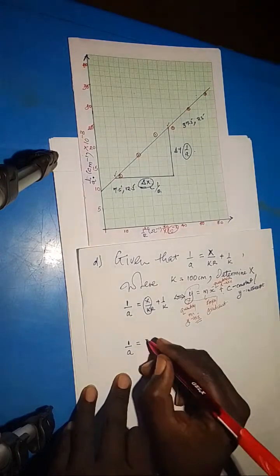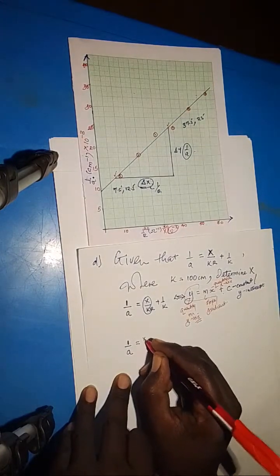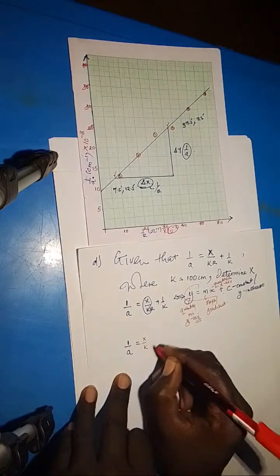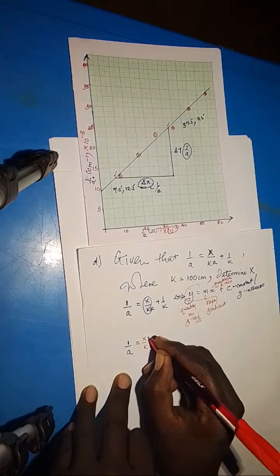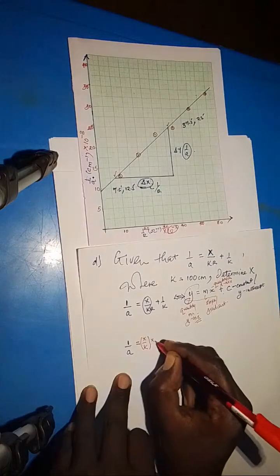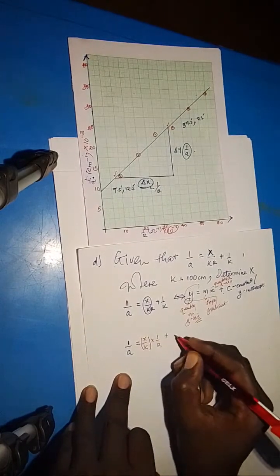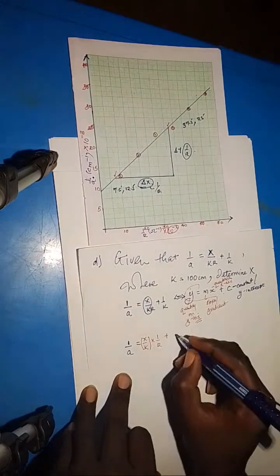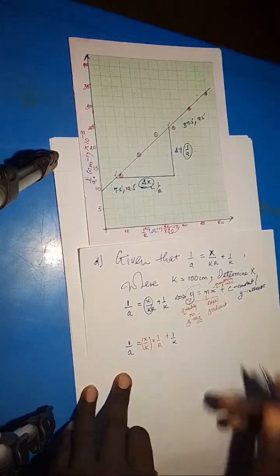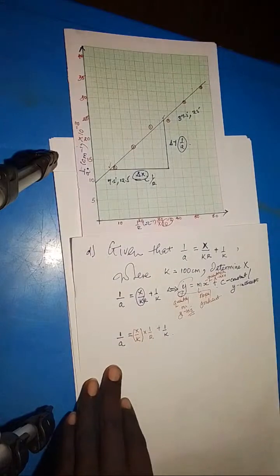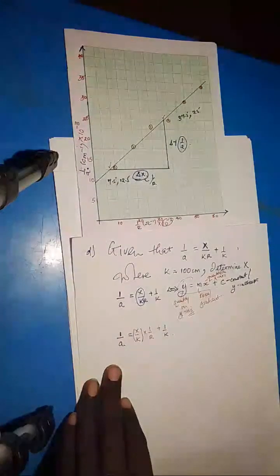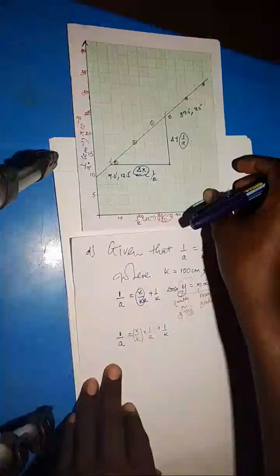And this one will be x over k times 1 over r plus 1 over k. But you are the one to simplify things.